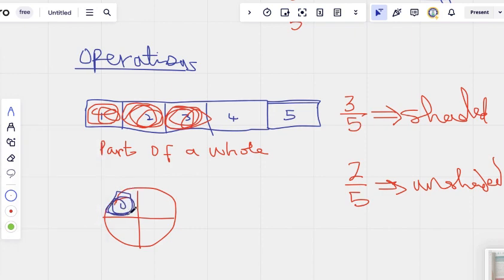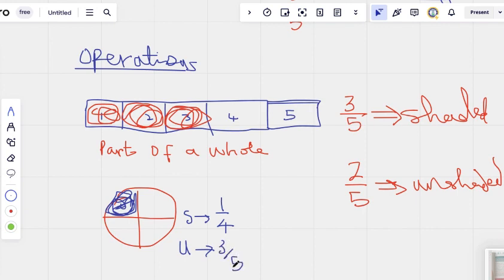Let's say we decide to shade only this portion, and we're asking you for the shaded portion. The shaded one is 1 over 4. S means shaded. The unshaded one, the U, is 3 over 4. So this is what a fraction represents.